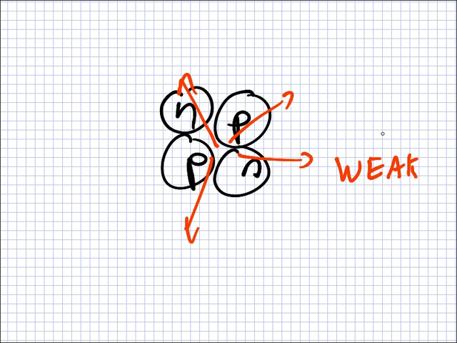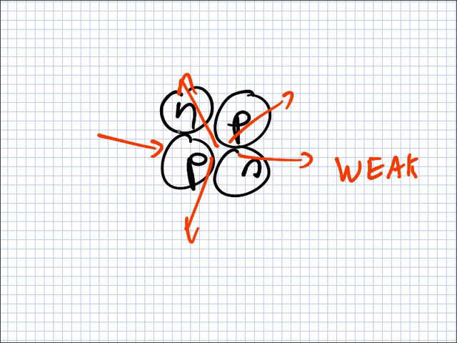Okay? But do all atoms decay? No. Only some of them decay. Like uranium. Uranium decays. What else? Plutonium. Carbon-14, these decay. But, you know, something like H2O, does that decay? No, it's stable. Okay? Why is it stable?